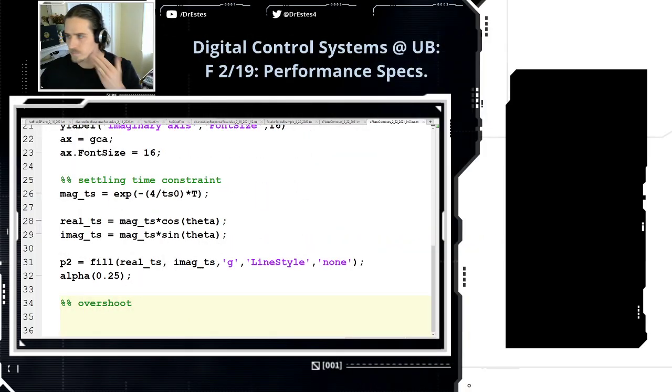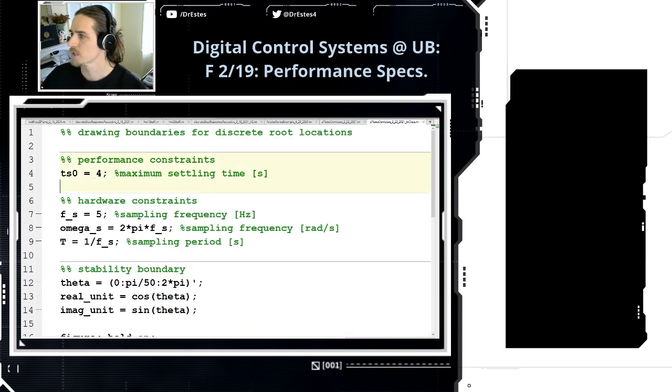All right. Okay, so we got overshoot to deal with here. So let's go first up to our performance constraints, and let's say we have this overshoot that we want to be less than, and let's say we do, I don't know, 20%. Maximum overshoot. And this doesn't have a unit because it's a ratio.